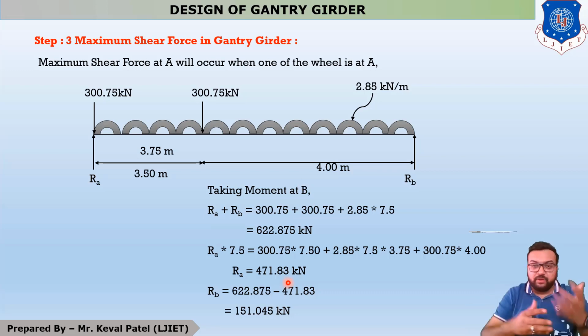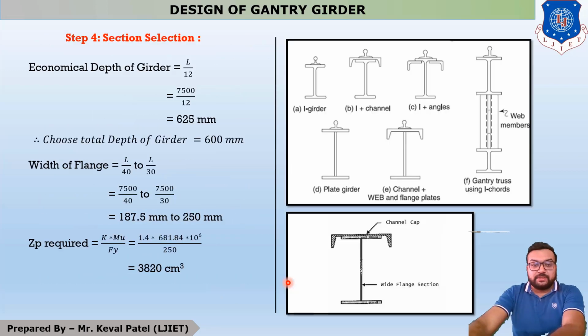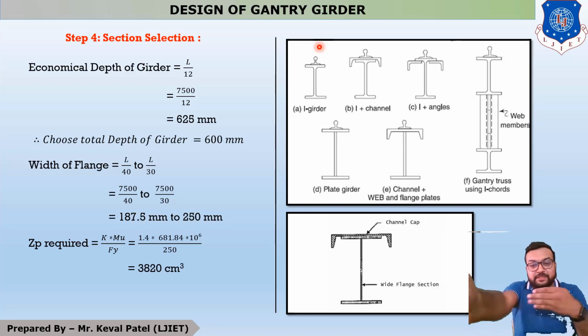Now we are moving further to step number 4, which is section selection. It is already discussed that there are many section selections for the exam point of view, but for the practical point of view we have to consider I plus C. The reason behind I plus C is that the I section, the I beam, restrains only vertical loads and vertical moments, but there is another load acting in the axial direction.